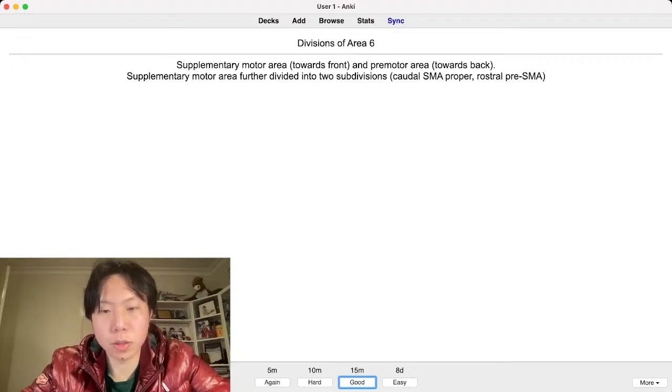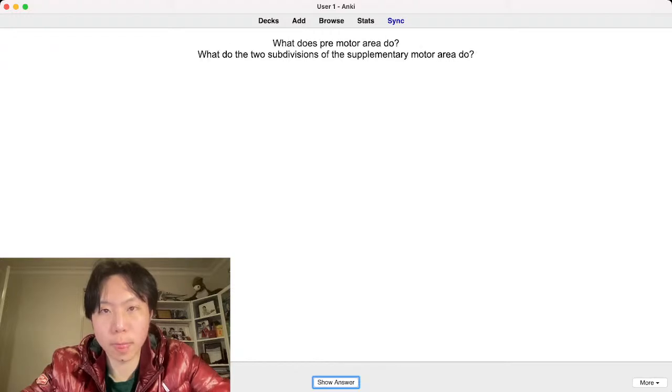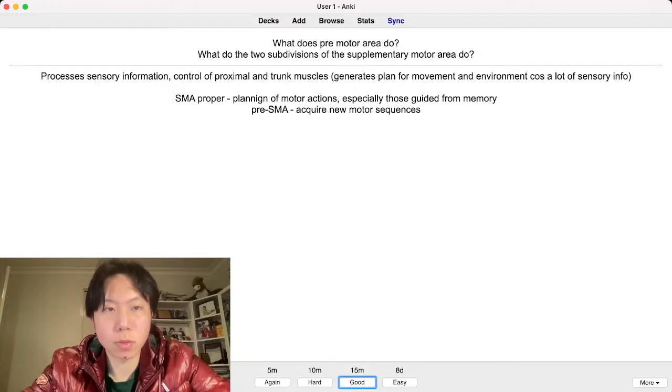SMA, supplementary, premotor. This premotor area processes sensory information.